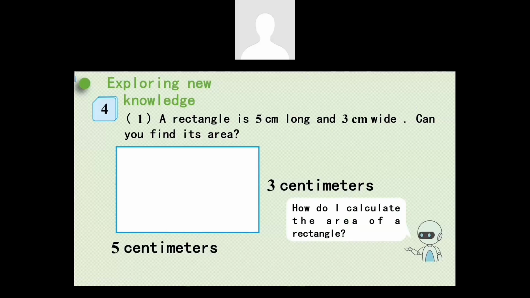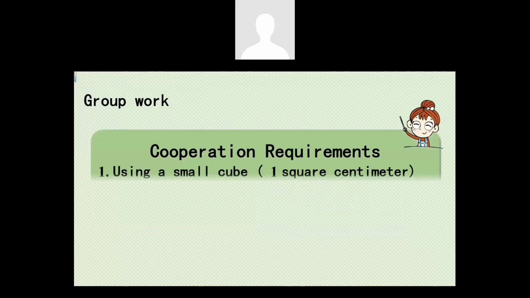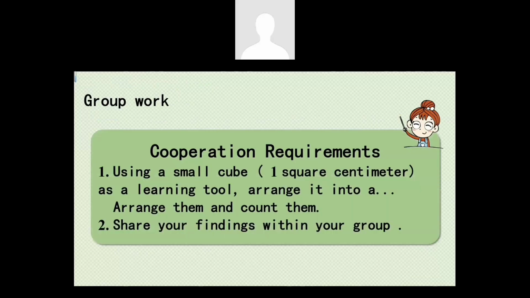So how do I calculate the area of a rectangle? Now, I don't want only the final answer. I want to see your thinking process. So we go back. Each group has 3 minutes to discuss two things.